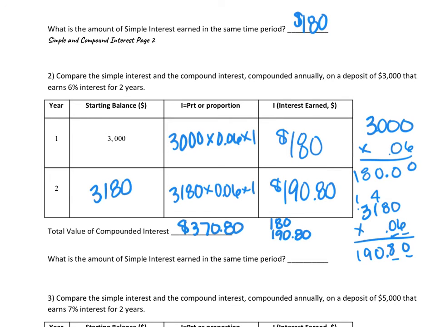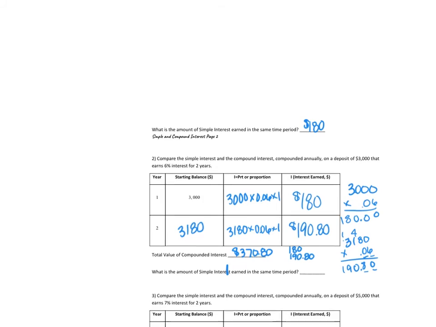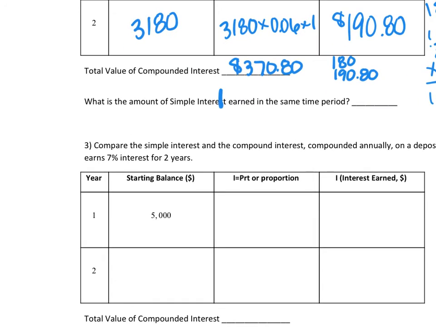Somebody tell me the formula for that. 3,000 times what? 0.06. Times what? How many years is it? 2. So we're going to put 2 there. So 3,000 times 0.06 is 180. 180 times 2 is 360. So for simple interest, it would be $360.